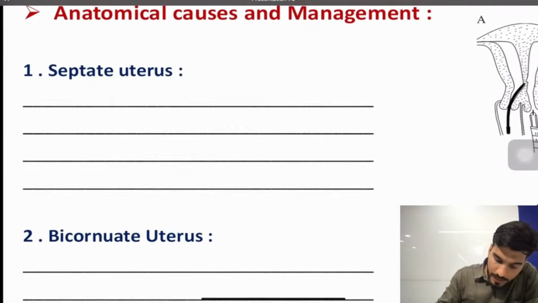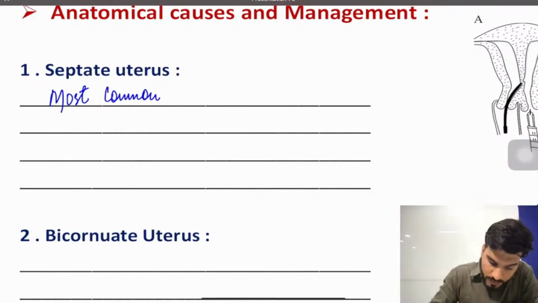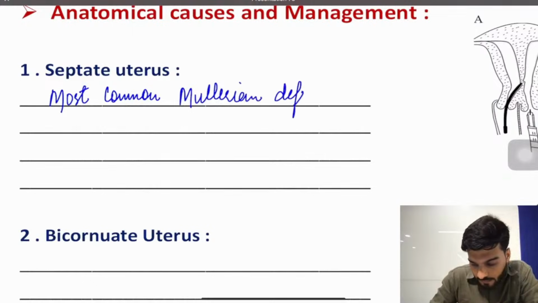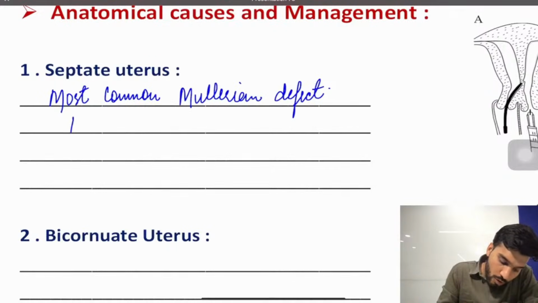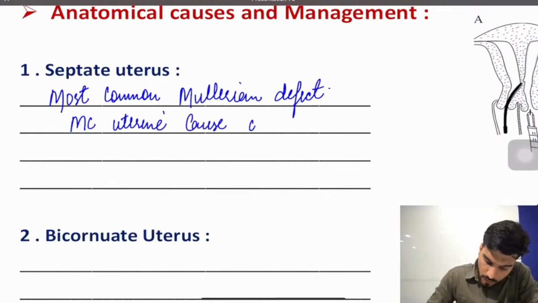If we talk about the septate uterus, it's the most common Mullerian defect. As I've already told you, all the female genital structures are coming from the Mullerian duct. So any defect in this Mullerian duct, the outcomes will be septate, bicornuate. Second, it's the most common uterine cause of recurrent pregnancy loss.